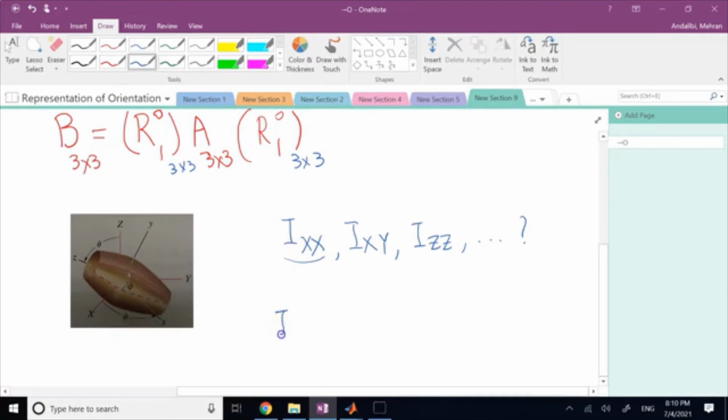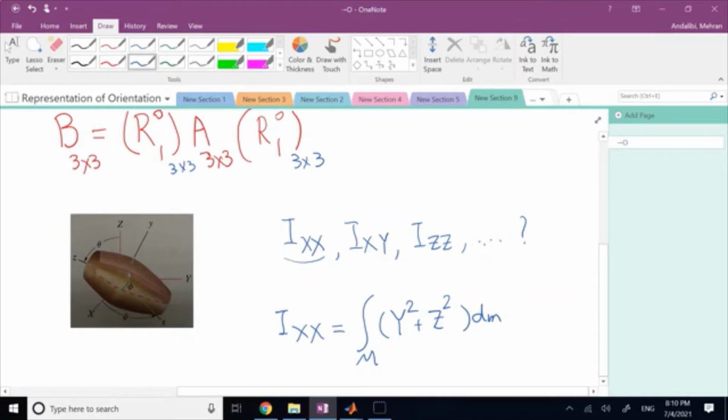For example, if you remember, IXX was what? It was the integral of y squared plus z squared, the whole thing dm, and the integral is taken over the mass of the part, right? And similar thing for I YY, I ZZ, and so on. Just refer back to your statics.